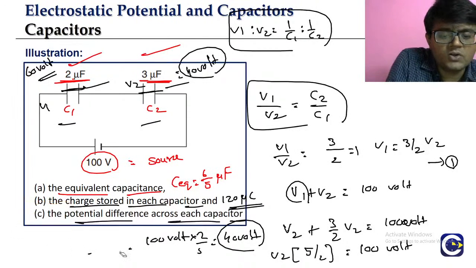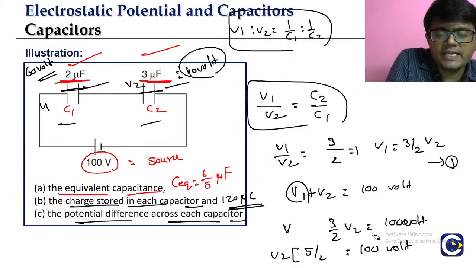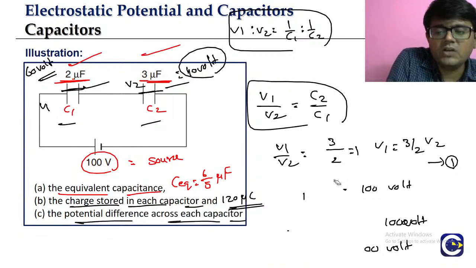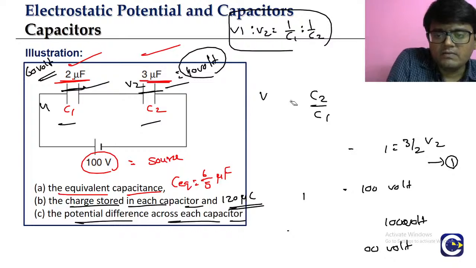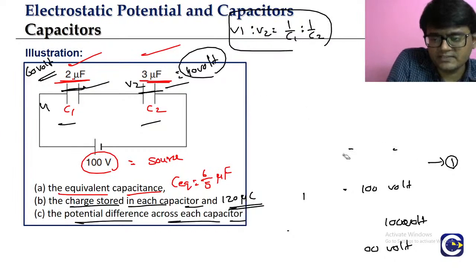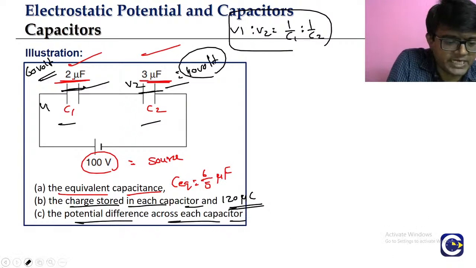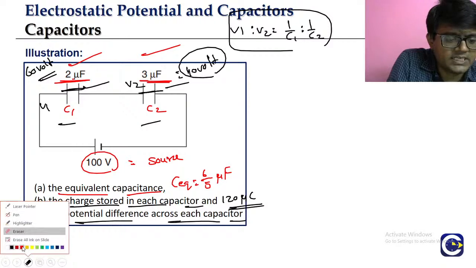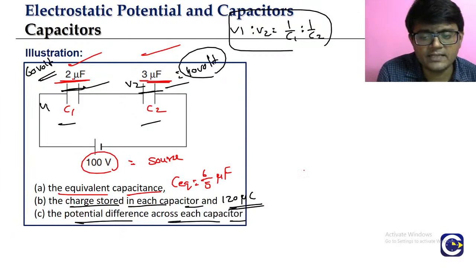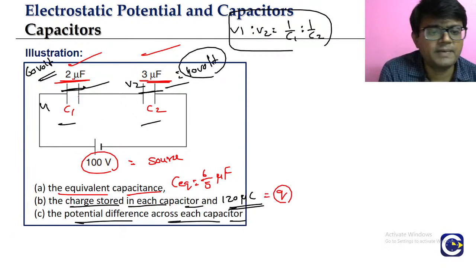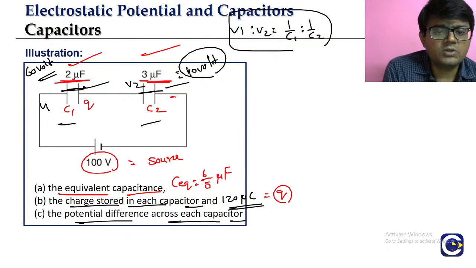Okay. So we can do it this way. Or otherwise, do you know another procedure here? What do we already have? We got the charge on both the capacitors, right? What is the charge on each capacitor? 120 microcoulombs, right? This is the charge on both the capacitors. And both are in series, right?